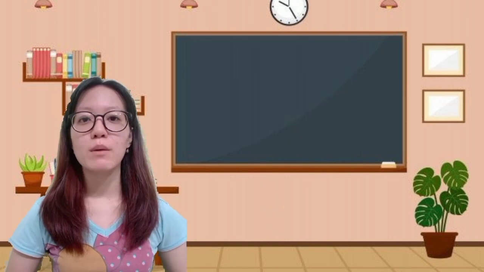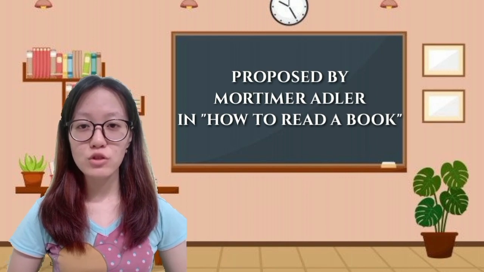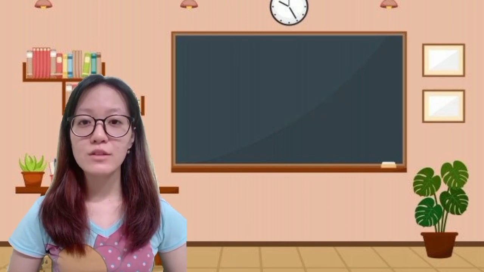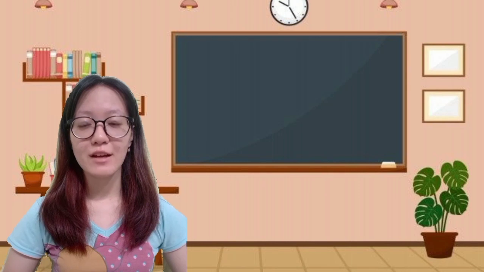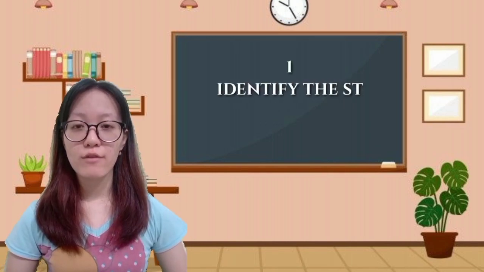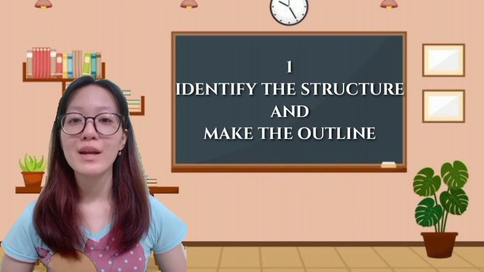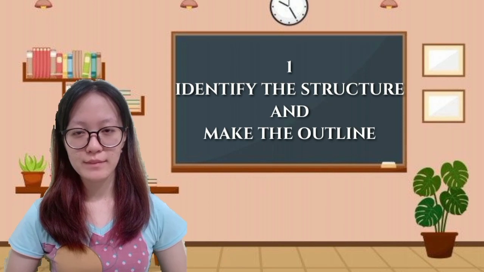This technique was first proposed by Mortimer Adler in his book entitled How to Read a Book. There are 3 steps in this technique. First, identify the structure of a text and make the outline in your mind, or you can write it down on a piece of paper.